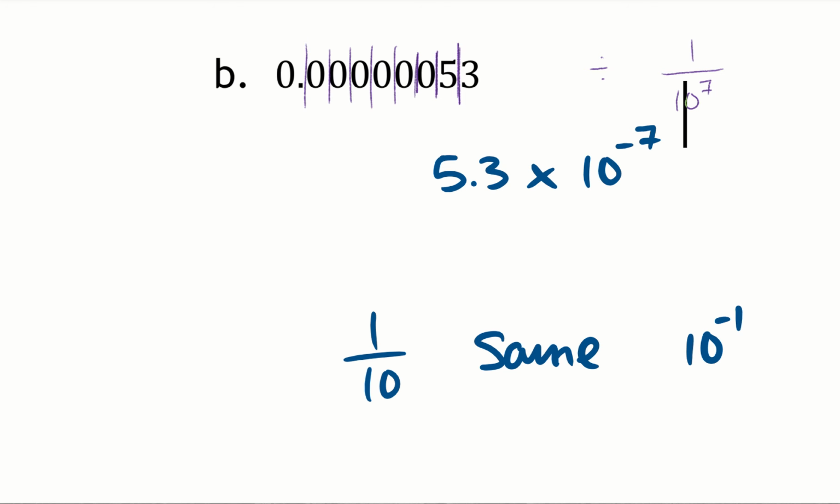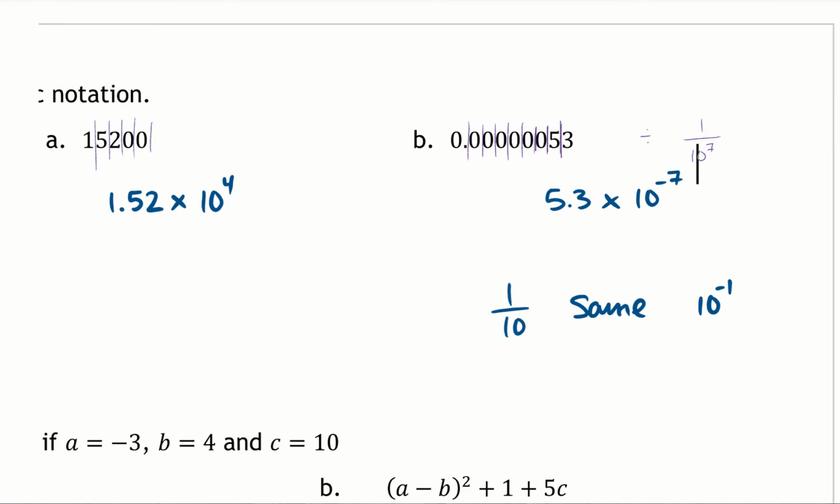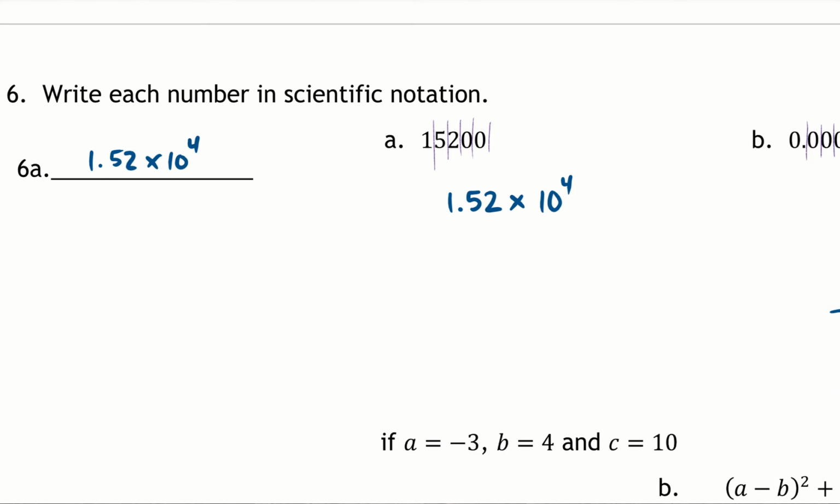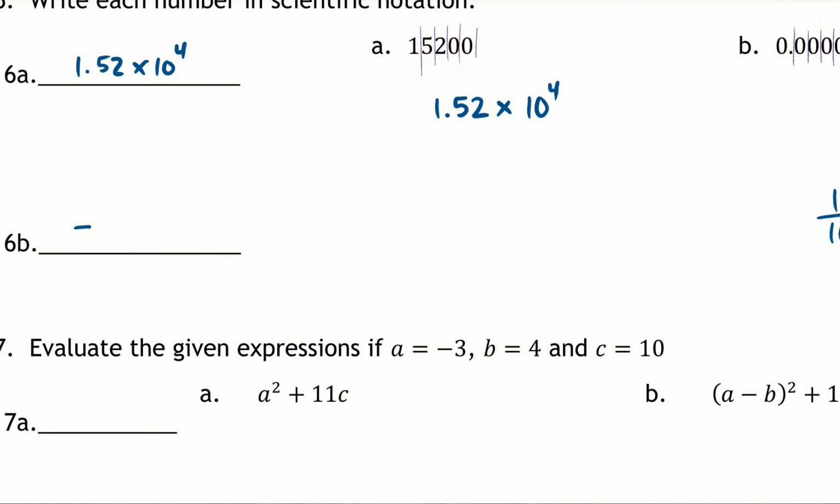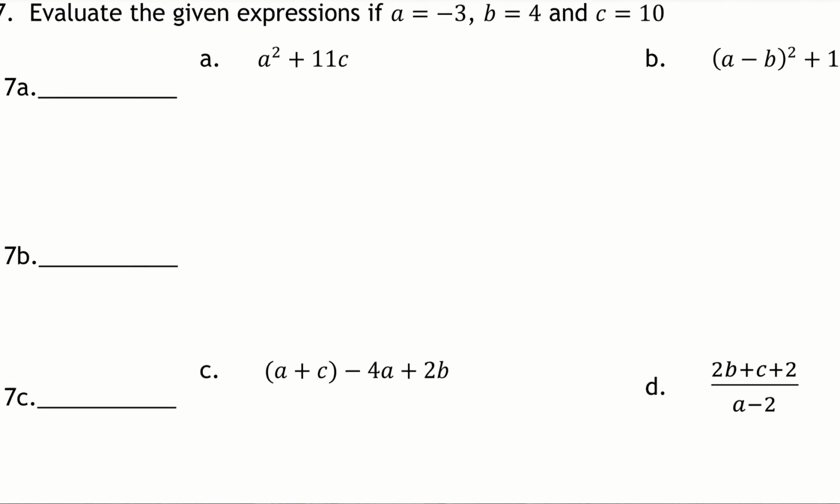Let's write our answer down. So 5.3 times 10 to the negative 7th. 5.3 times 10 raised to the negative 7th power. Great. Let's move on to 7.